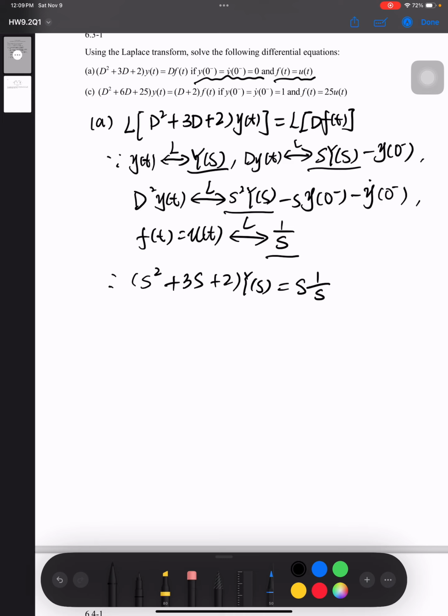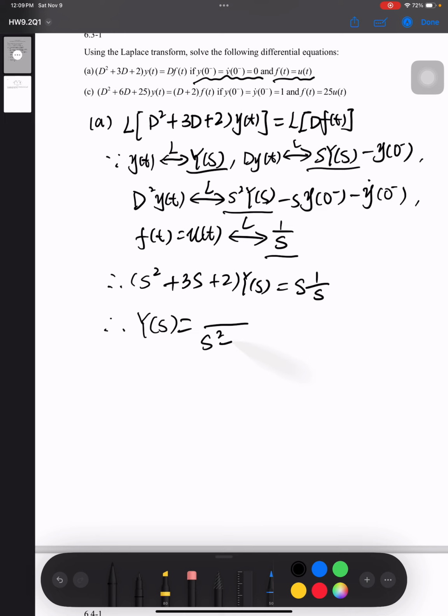So Y(s) is eventually equal to 1 over s squared plus 3s plus 2.